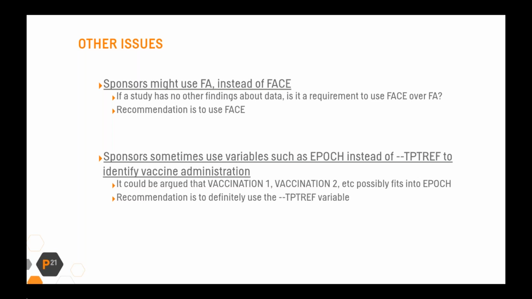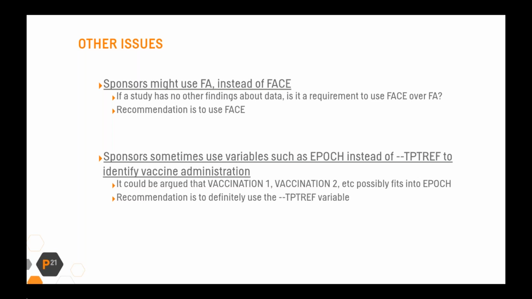And then other times sponsors use variables like epoch to indicate vaccination 1, vaccination 2, even though all the guidance shows examples and goes into using the TPTREF variable. While it could potentially be argued that values of vaccination 1, vaccination 2 do fit into the definition of the epoch variable, we'd still strongly recommend using TPTREF.